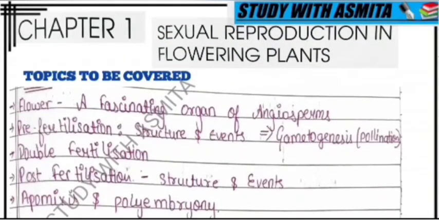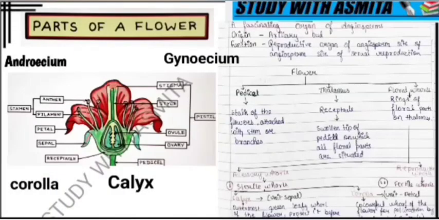Before starting the chapter, we are going to discuss the topics we have to cover, which are: flower, a fascinating organ of angiosperm, then pre-fertilization structures and events, then double fertilization, post-fertilization, apomixis and polyembryony.